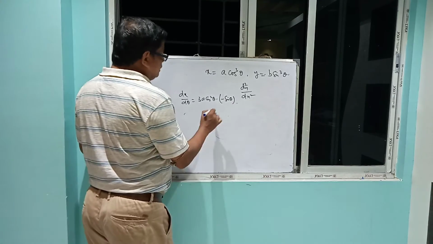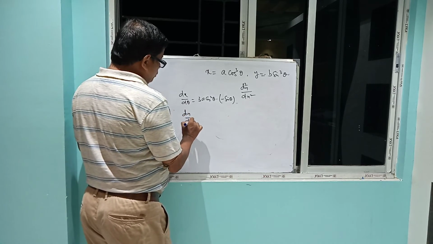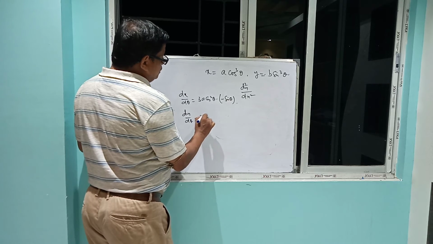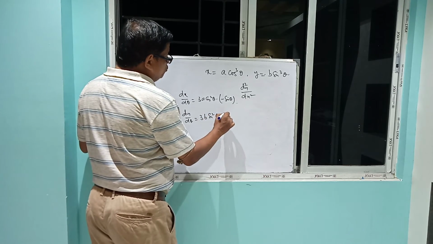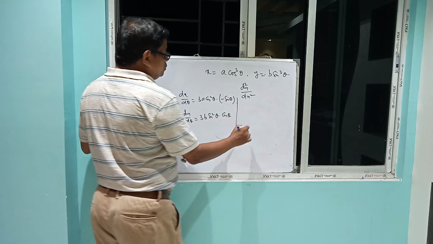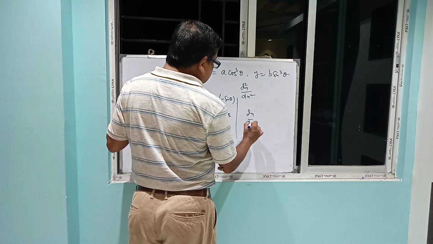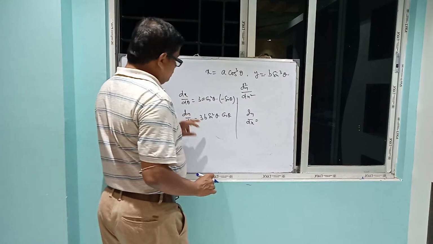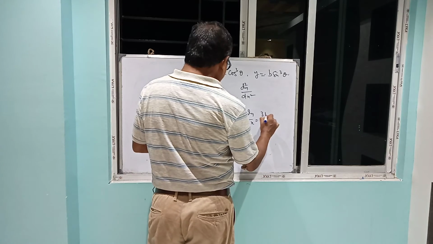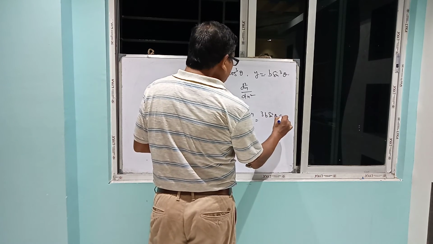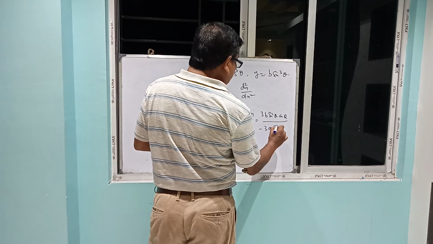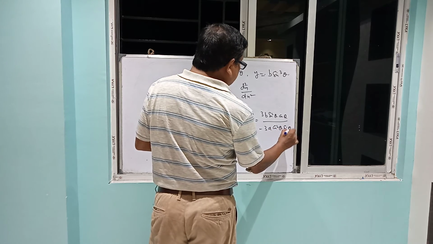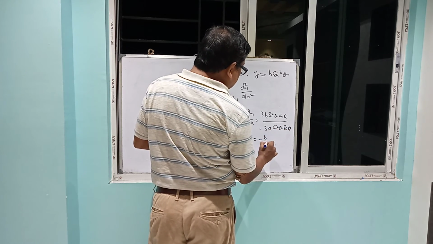Again find dy/d theta, which is 3b sin square theta times cos theta. So dy/dx equals 3b sin square theta cos theta by minus 3a cos square theta sin theta, which is minus b by a.